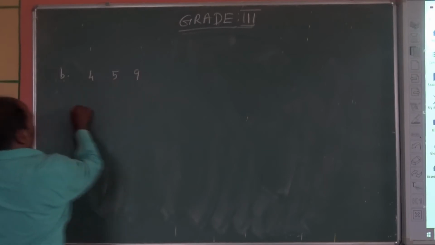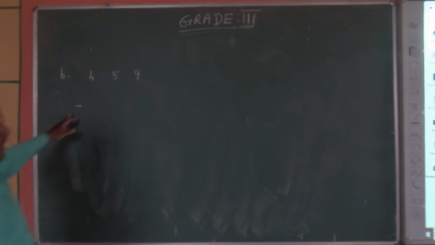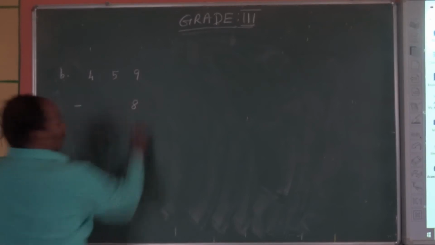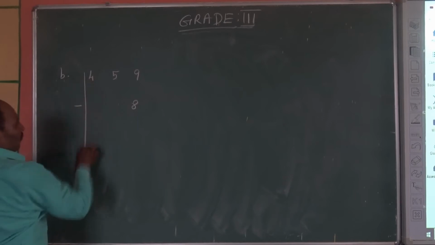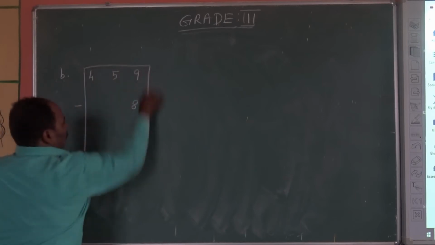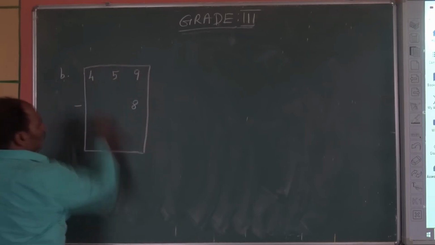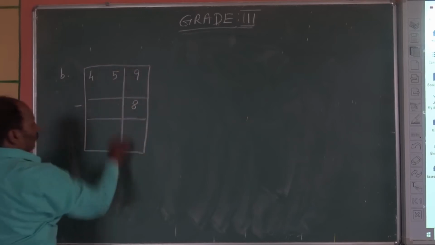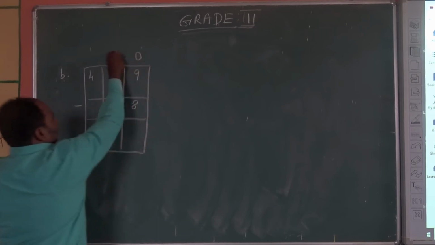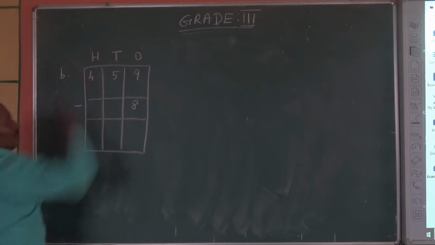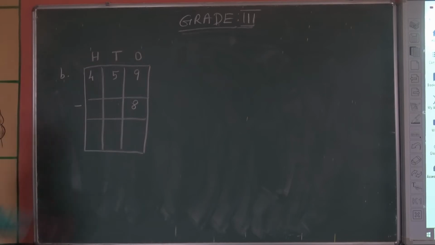459 minus 8. We take the place value: ones, tens and hundreds.